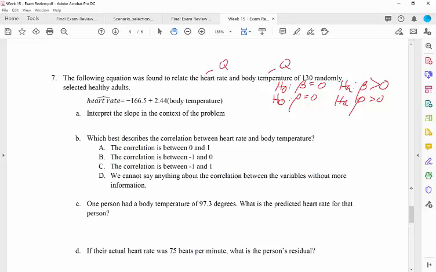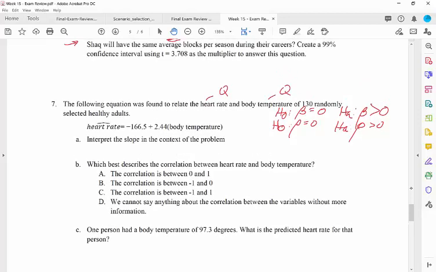So in words, we'd say that there is no true linear relationship between heart rate and body temperature. I'll say body temperature, that's my explanatory.